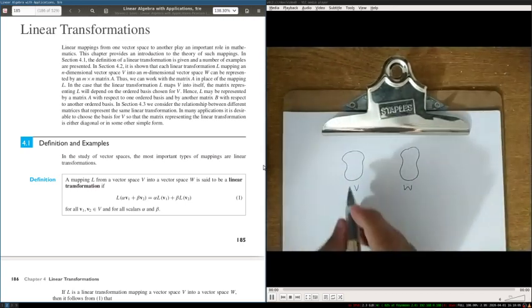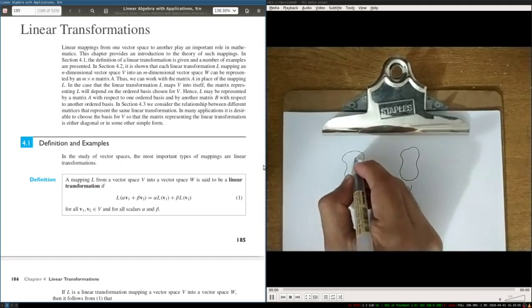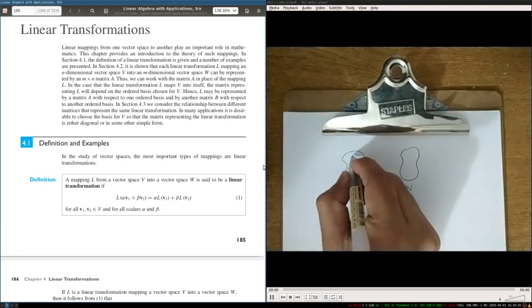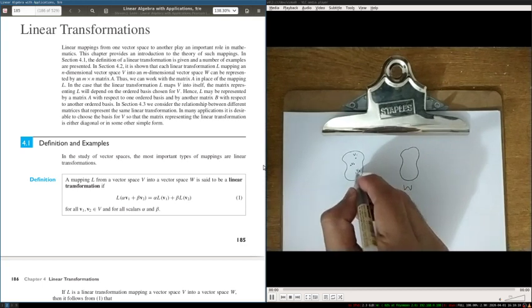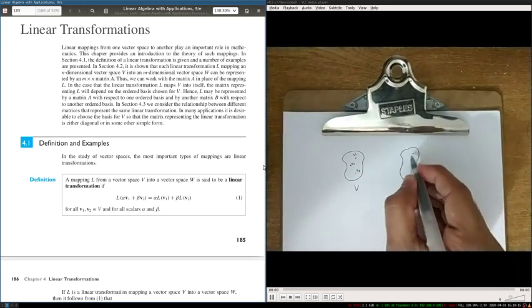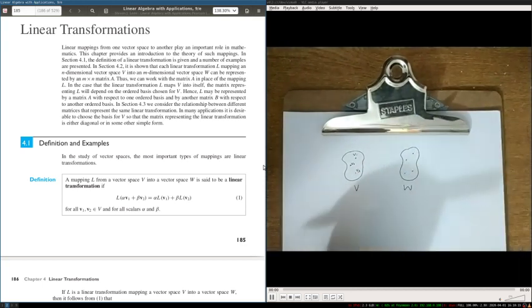Now the idea is that there are some vectors in V, V1, V2, V3, and let's suppose there are some vectors in W. And the idea is that a linear transformation is of the following form.